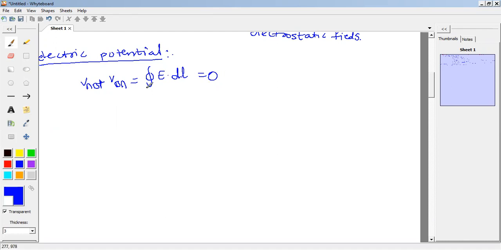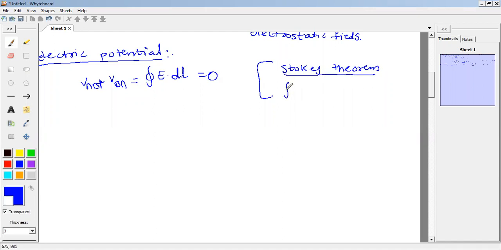Now for this equation, we can apply the Stokes theorem.